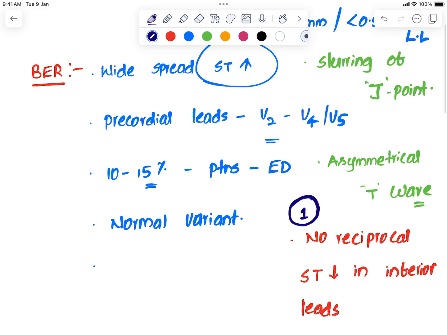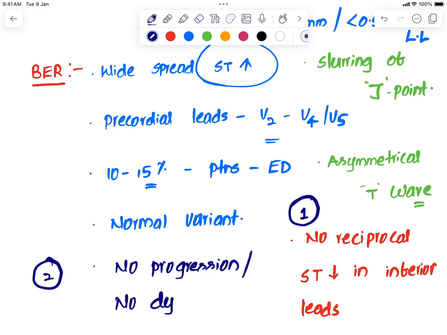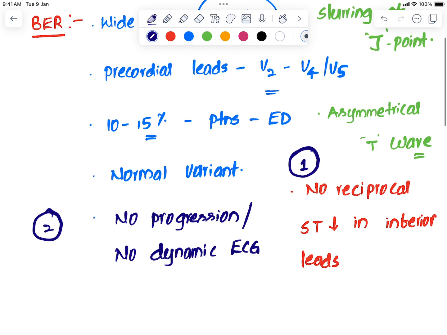And the second important point is that there will be no dynamic changes. That means there is no progression of the ST segment changes, or there will be no dynamic ECG changes. What do we mean by no dynamic ECG changes? It means the ST segment which is elevated will remain stable.